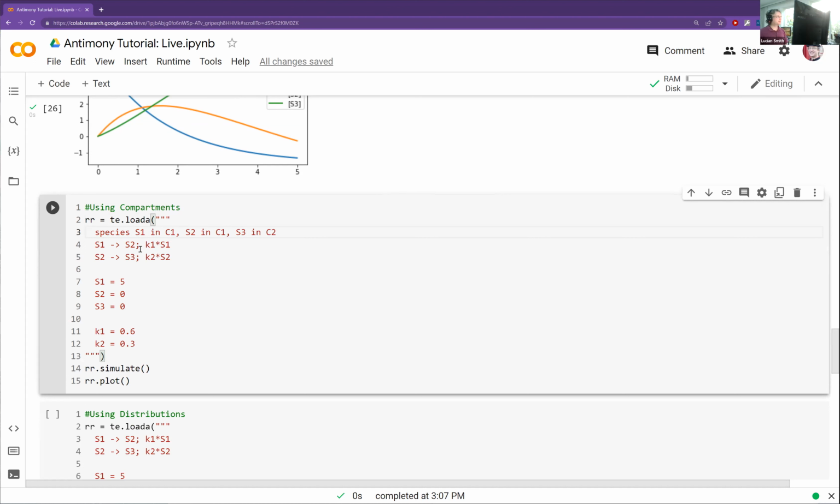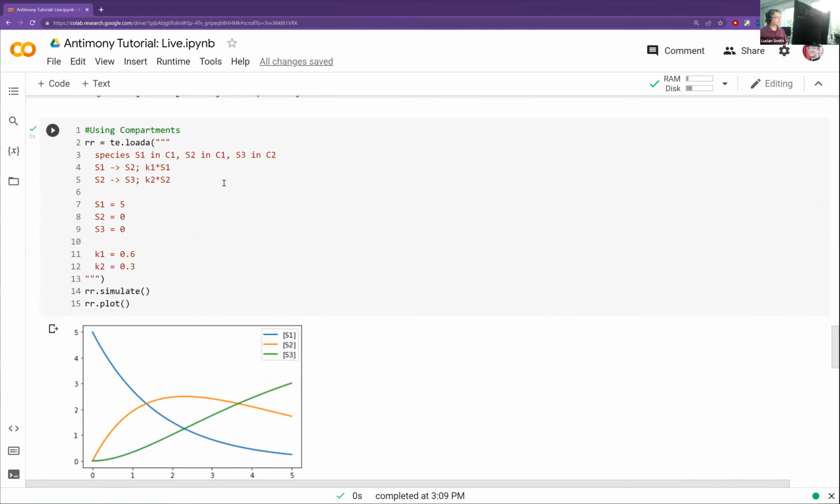So now I've placed my species S1 in compartment 1, species S2 is also in compartment 1, but now S3 is in compartment 2. So that doesn't change anything about the reaction right now, right?